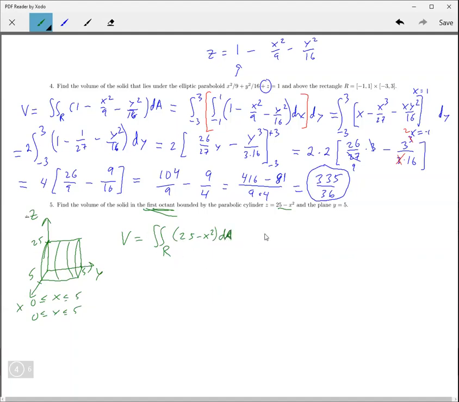Okay, so that's your integral, and now let's set it up. Should we integrate in x first? Just to get it out of the way. Of course.